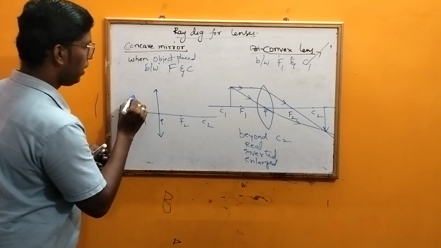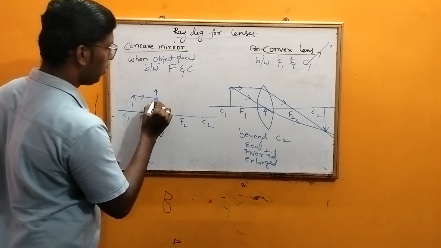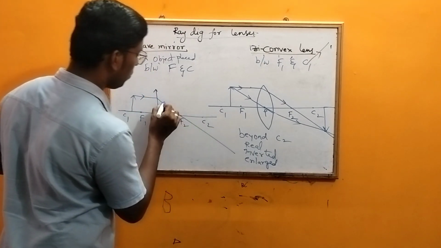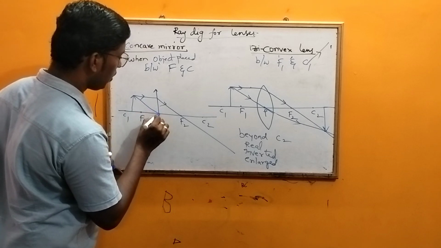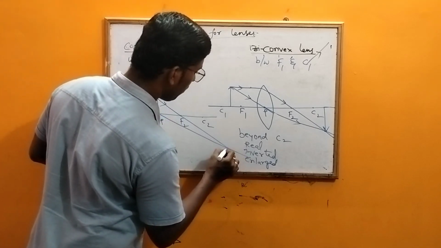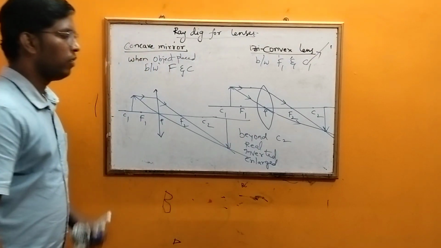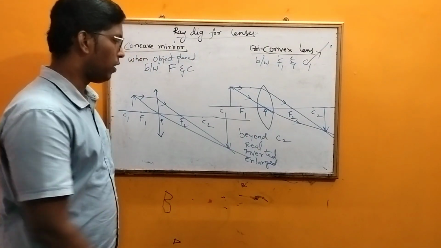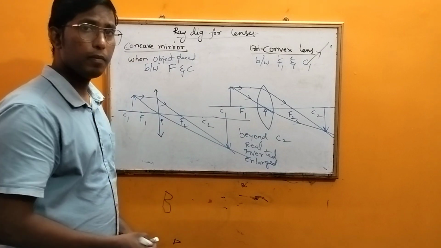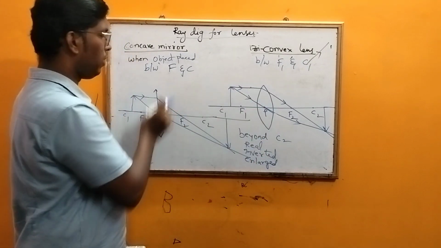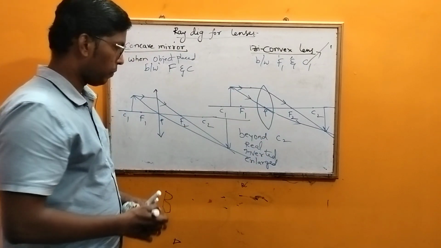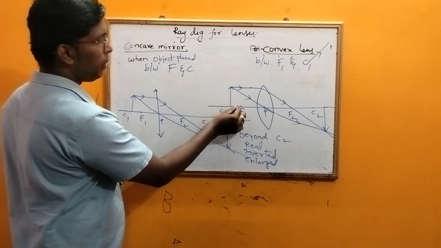Here. The light ray passing parallel passes through the focus point, and the next through the optic center. It will not deviate. It travels straight and meets at this point. So beyond C is where the image is formed. Understood? Both are the same. Now between is completed.